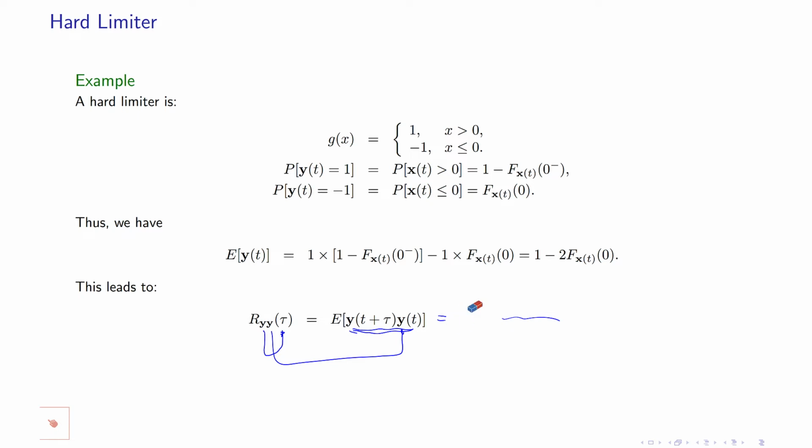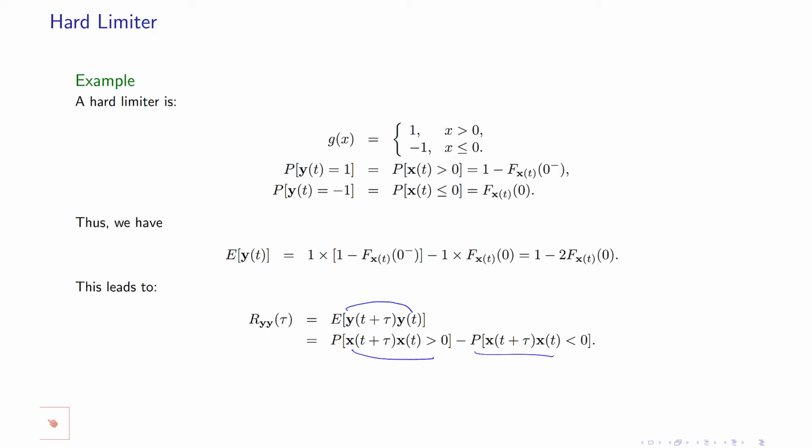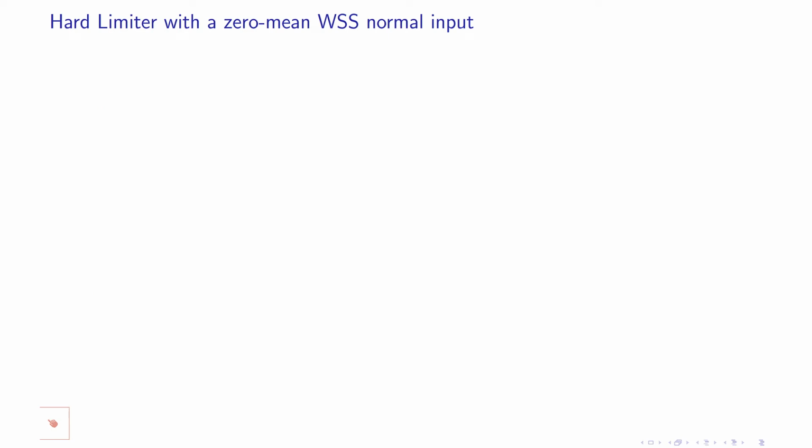So we say summation of plus or minus 1 times plus or minus 1 and those probabilities. Or you can say that these two are either plus minus 1, so it is the probability of the same sign minus the probability of different signs, and then you can calculate.